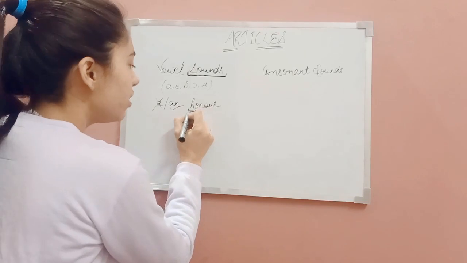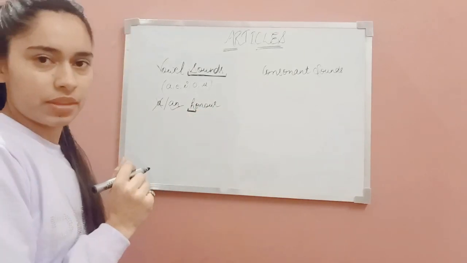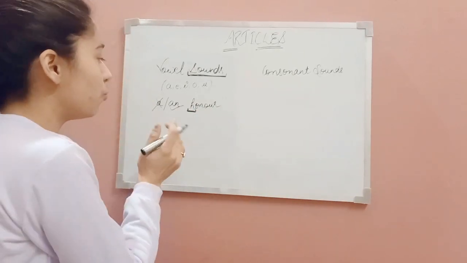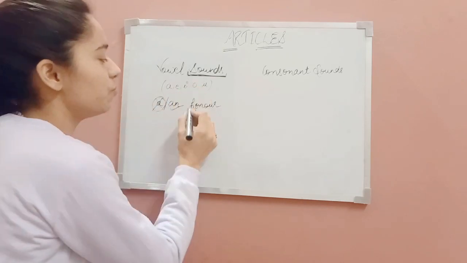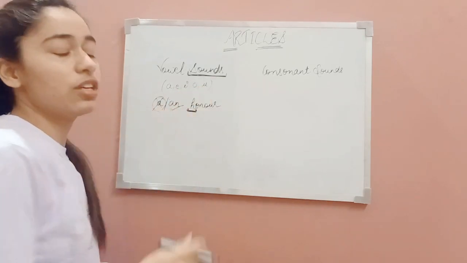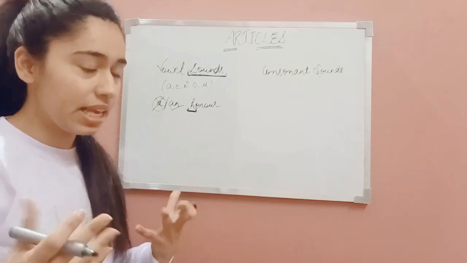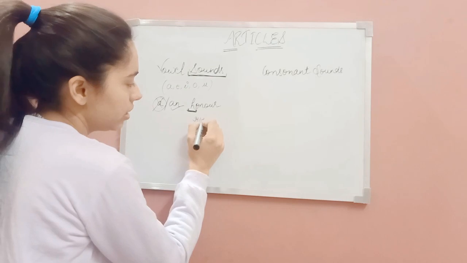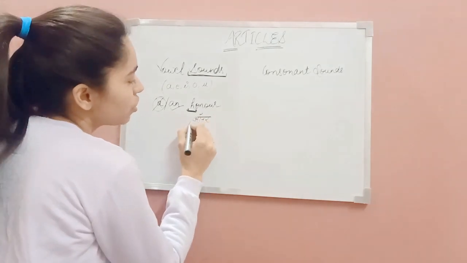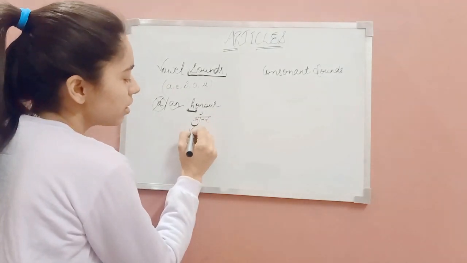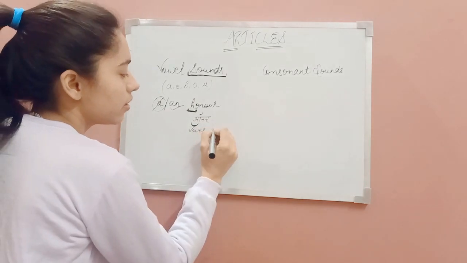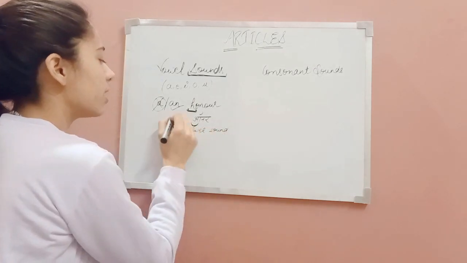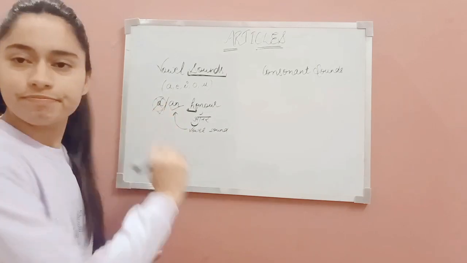Because even if we have a consonant here, that doesn't mean we are going to use A, because we are not talking about letters. We are talking about the sounds that they make. So in honor, we pronounce it as onor, right? So what is this? A vowel sound, right? That's why we have used AN here and not A.